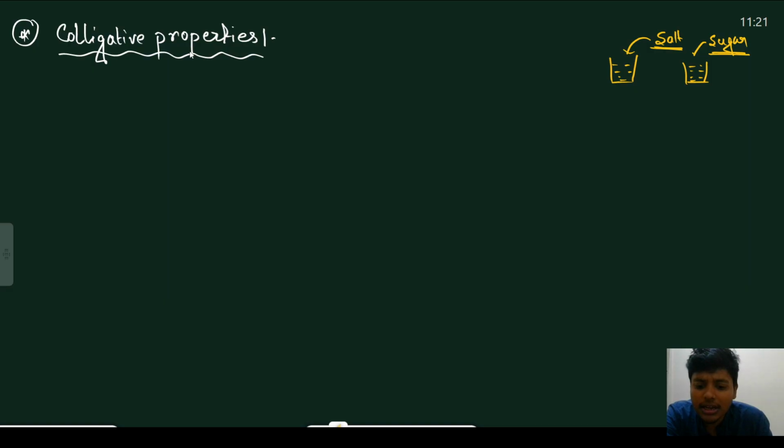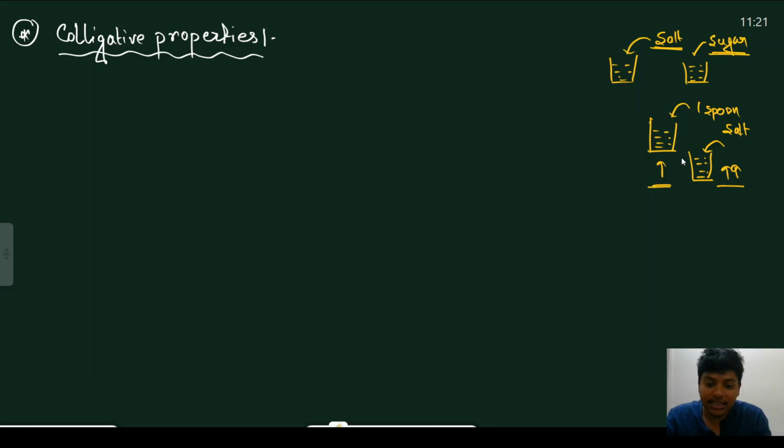Like if I take water and add 1 spoon of salt, the boiling point of water will increase. If I use 2 spoons of salt, the boiling point of water will increase more. So this increase in boiling point is a colligative property. Understood what is colligative property?